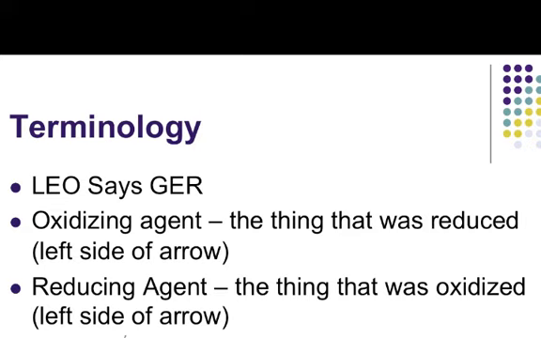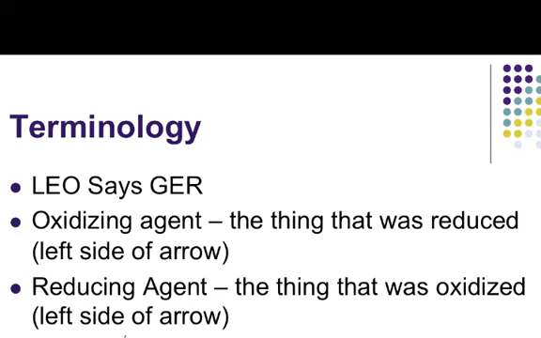So the oxidizing agent, what does it mean to oxidize? Oxidize means to lose electrons. So the thing that does the oxidizing is the thing that steals electrons away from someone else. Okay? So when we look at something, we want to say, well, who was the oxidizing agent? It was the thing that was reduced. It's always on the left-hand side of the arrow. The reducing agent is the exact opposite.